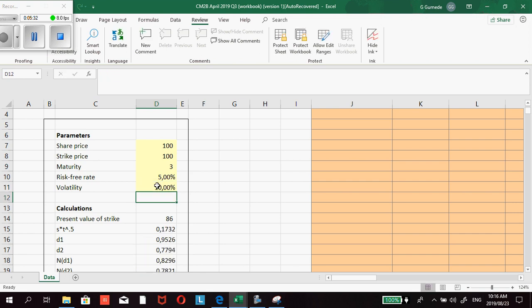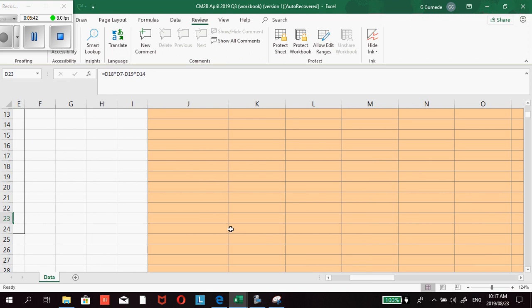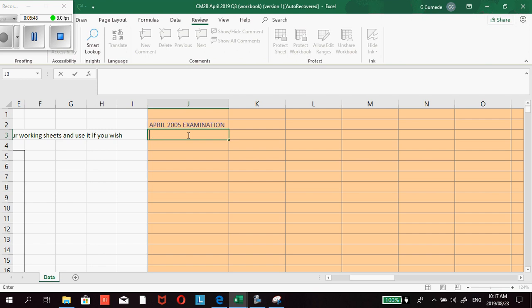So I'm going to put here 10%. And you can see down here, the value of the call option is 16. I need that. So I'm going to come here and say the value of the call option is 16.